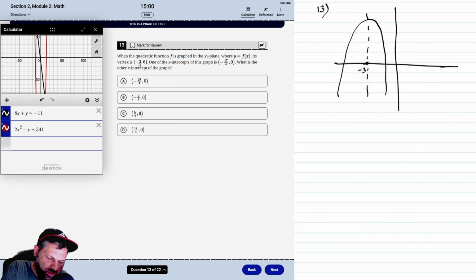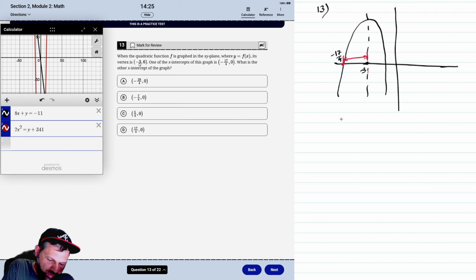So the value here is going to be -3 for x, which is going to be the vertex, and this intercept here is -17/4. We're only worrying about the x values here, so let's call this x. What we need to do is find the distance between these 2 points.